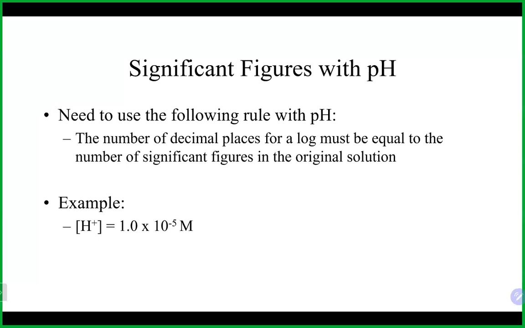So we are going from significant figures to decimal places and backwards. We're going to talk about going both ways, but that is what we're talking about here. So why don't you try it here? If you have an H plus concentration, what would be the pH with the proper number of digits? Make sure you know how to punch it in and see what you get.